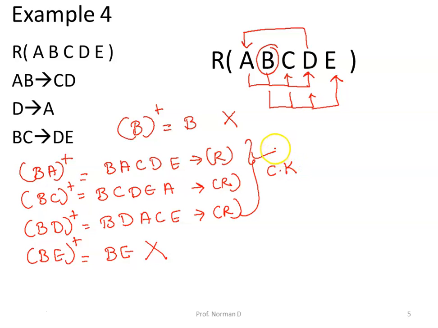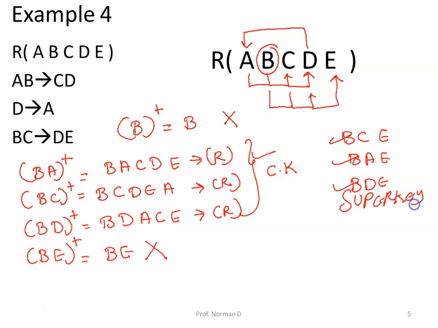You can still go ahead and combine BC, BA and BD with some other attributes like E over here, E over here and E over here. But in that case, BCE, BAE, BDE will act as a super key and not a candidate key.